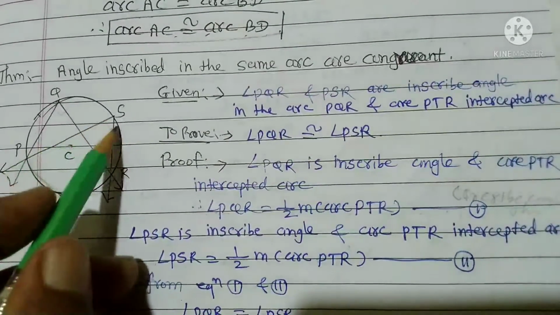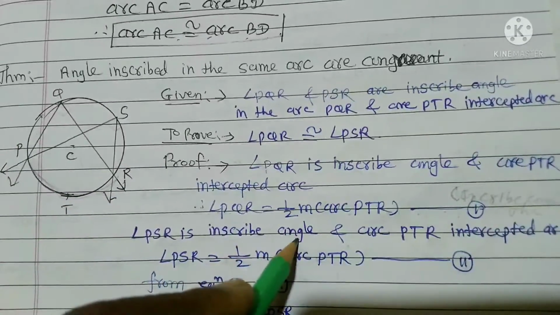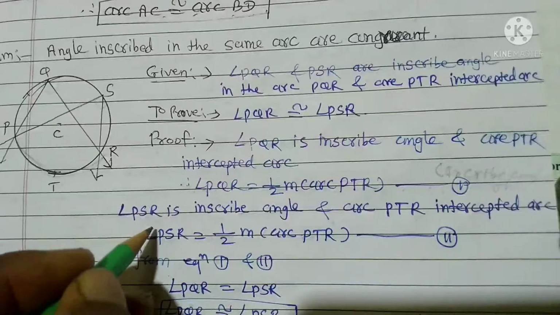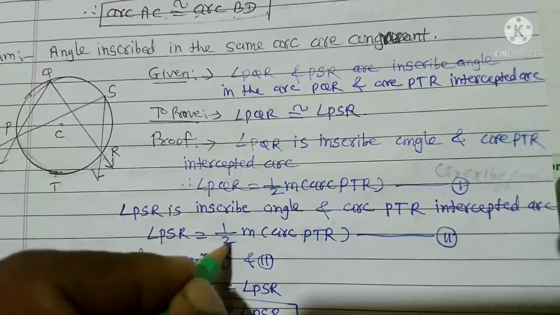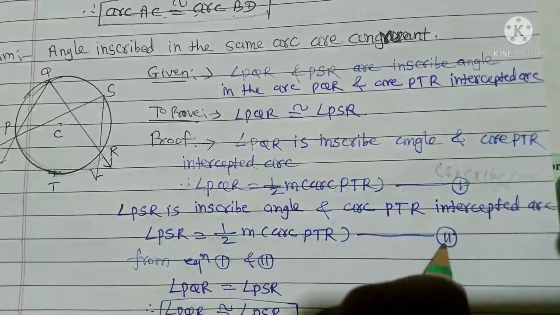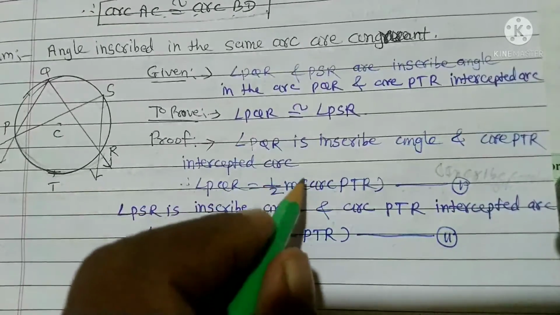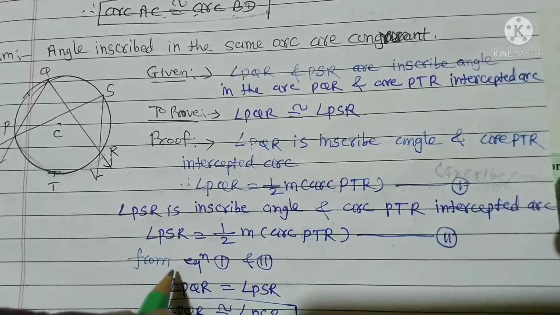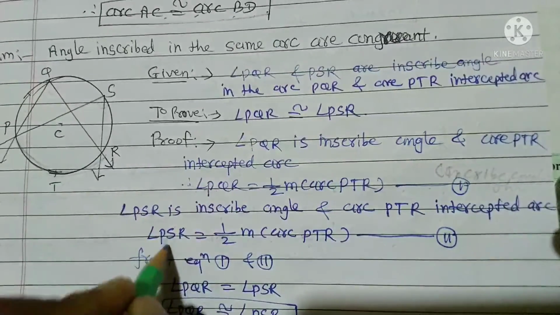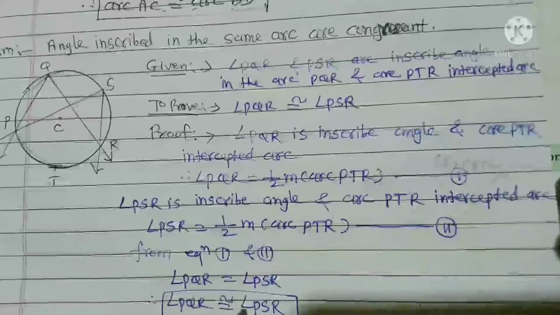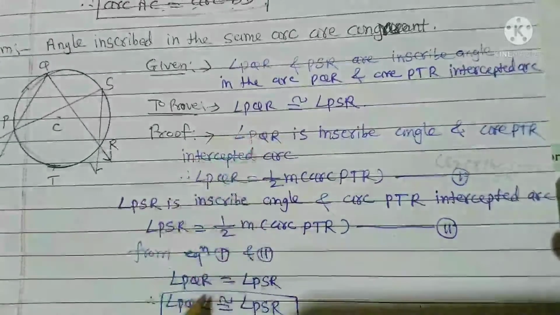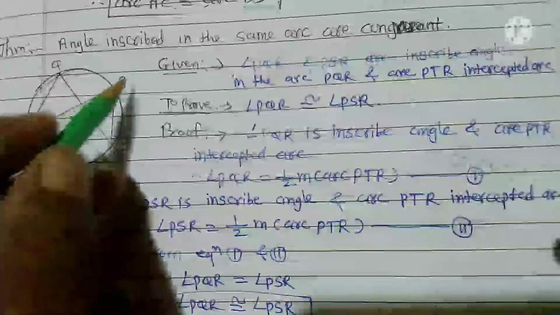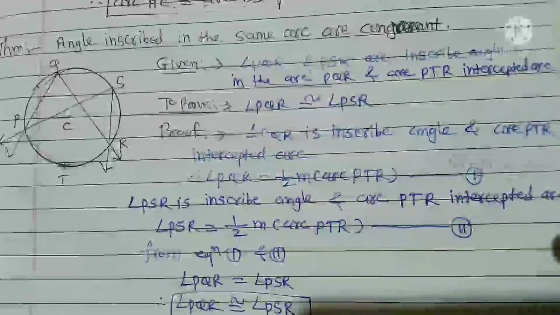Similarly, angle PSR is also an inscribed angle and arc PTR is the intercepted arc. So by the inscribed angle theorem, angle PSR equals 1/2 measure of arc PTR, equation 2. From equation 1 and 2, the right-hand sides are the same, so angle PQR equals angle PSR, which means angle PQR is congruent to angle PSR. Hence we prove that angles inscribed in the same arc are congruent.